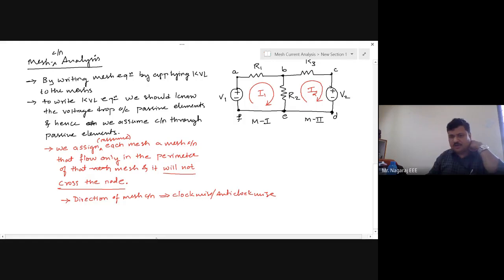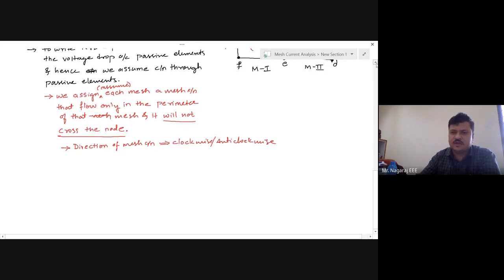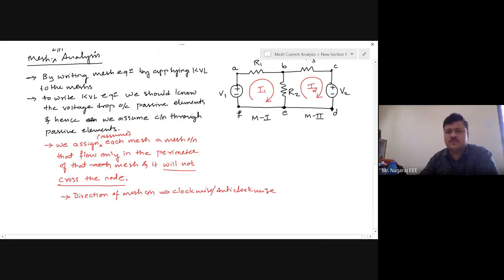Throughout this subject I consider the clockwise direction. Why I consider clockwise direction is, most of the books follow this convention, so it will be easy for you to compare and study from the class notes and from the textbook. That is the only reason.